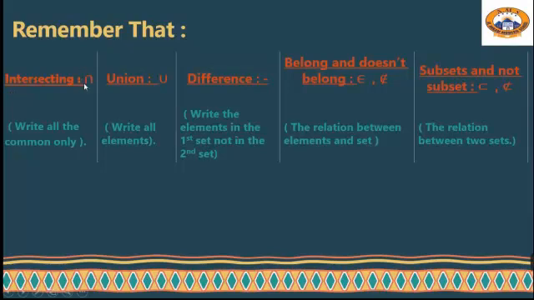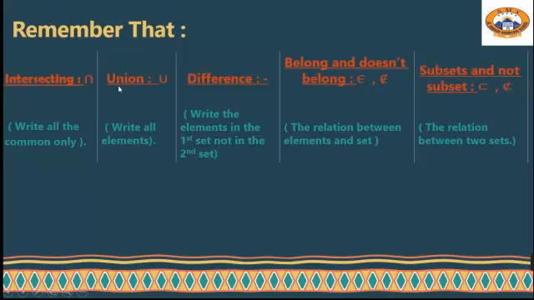Intersecting is this sign, and in this we will write only the common elements between 2 or more sets. It's like the U, but we flip it, okay? Or like N. We write it like this. So in the intersecting, I will write only the common elements, okay?